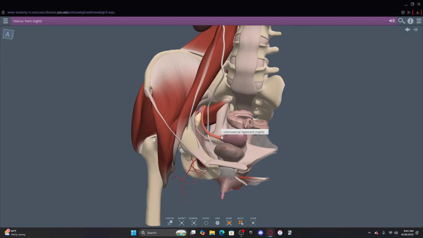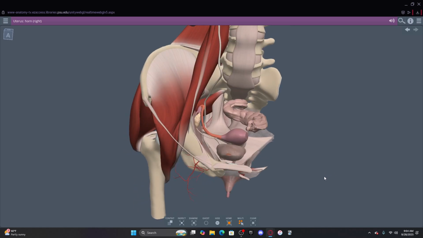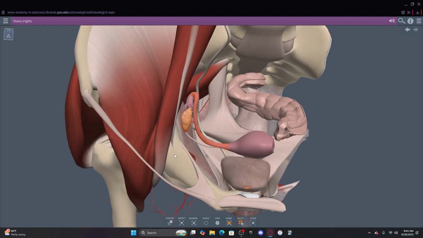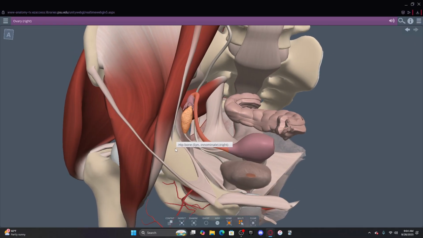And then from there we have our ovary. And then we have our fimbriae, or fimbria.